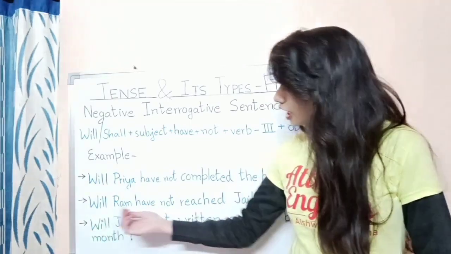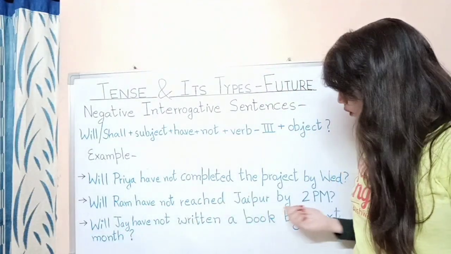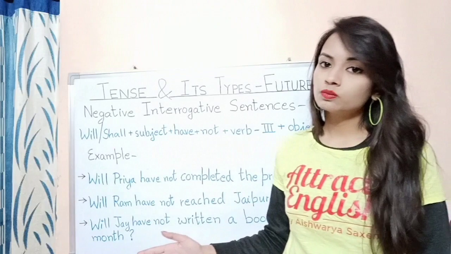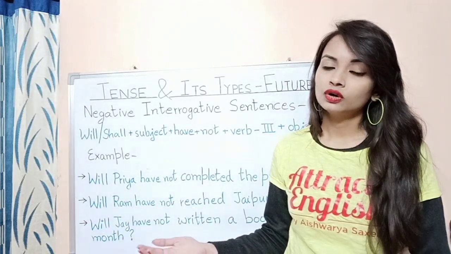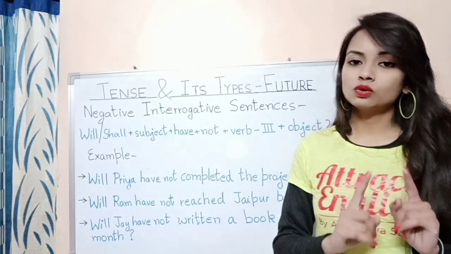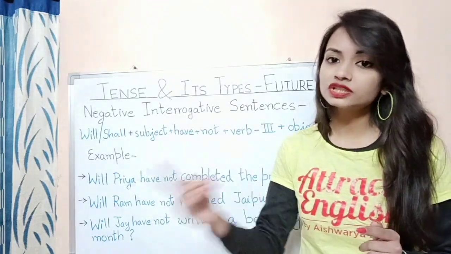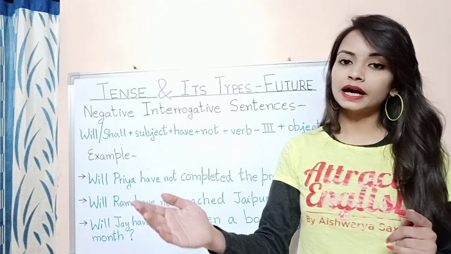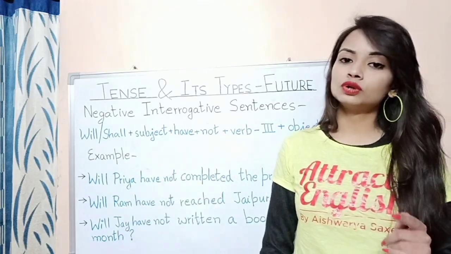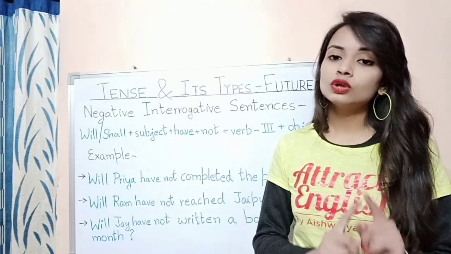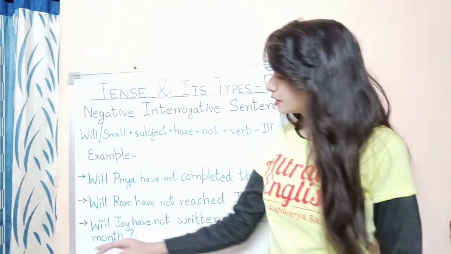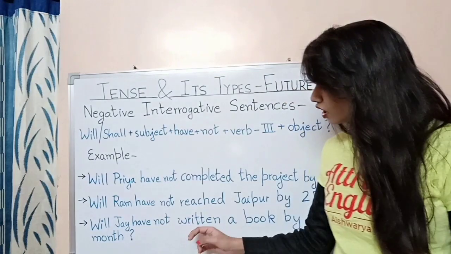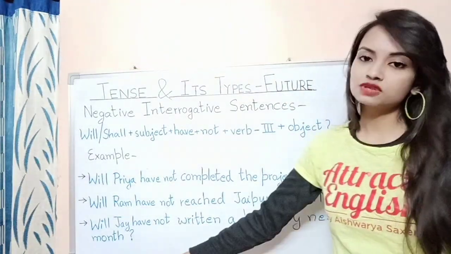Second, will Ram have not reached Jaipur by 2 p.m.? Earlier it was will Ram have reached Jaipur by 2 p.m. Okay, then I was inquiring about Ram reaching Jaipur in future by 2 p.m. Now I want to inquire if he will not reach Jaipur by 2 p.m. Last, will Jay have not written a book by next month?